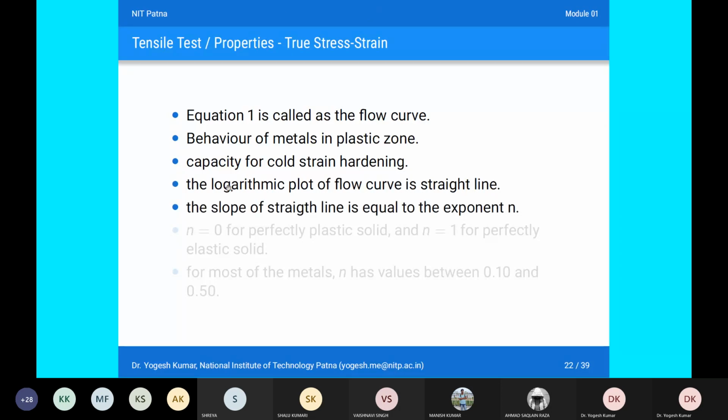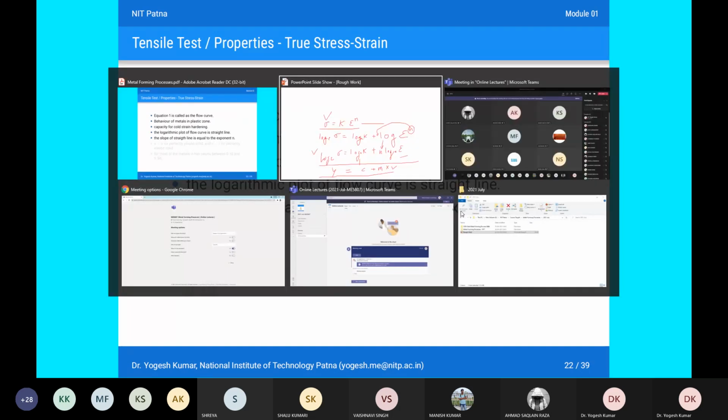Then, we are aware the logarithm plot of the flow curve is a straight line. This we have already explained. Then the slope of the straight line is equal to your exponent n. So the power of epsilon, that is n, is represented by the slope of your straight line.